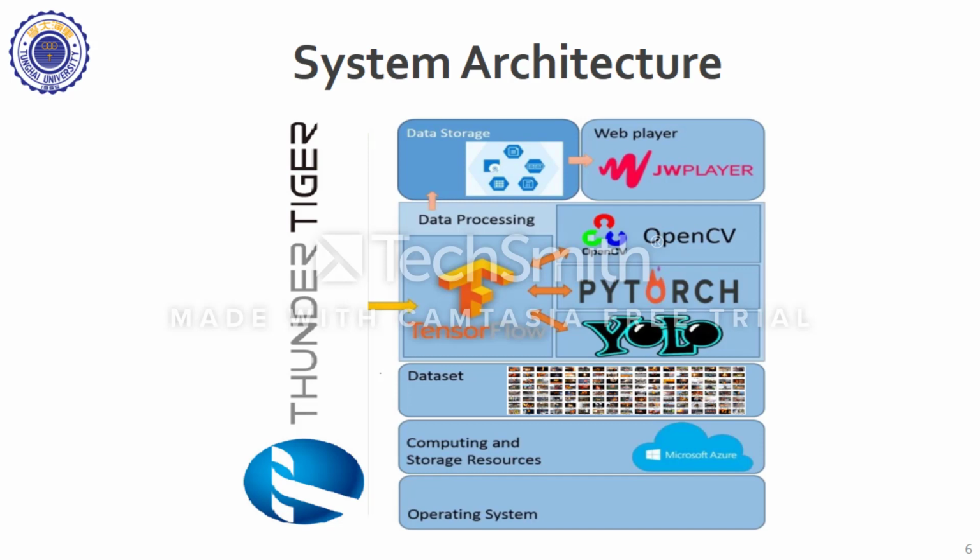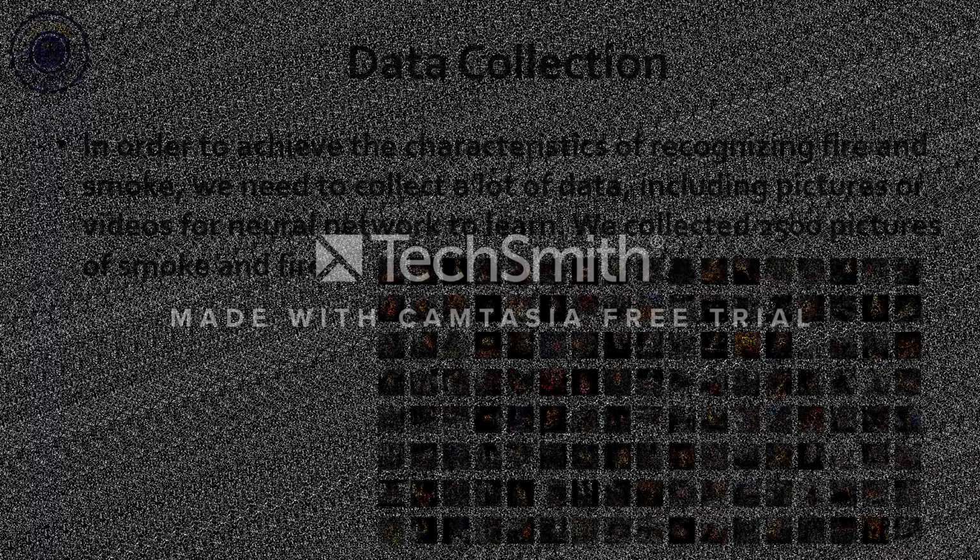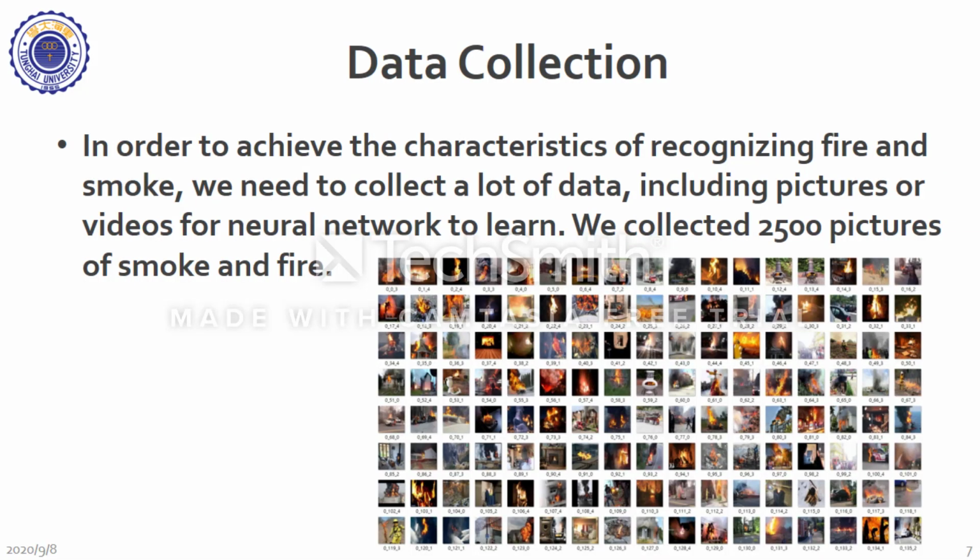The environment part uses the Ubuntu 18.04 operating system as the development environment, and uses Python 3.6, TensorFlow 1.13.1 and Keras 2.2.4. Let's now turn to the dataset used, which is from 2,500 flame and smoke images, with 1,250 flame and 1,250 smoke images, as shown in the picture.